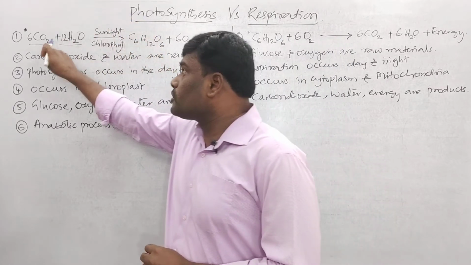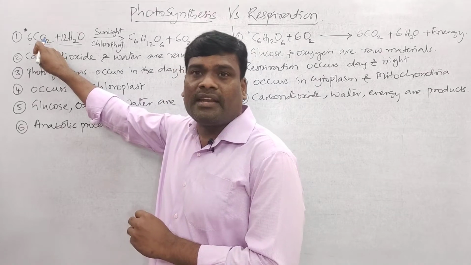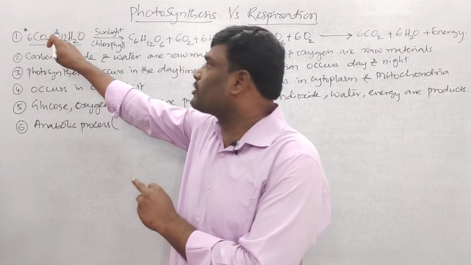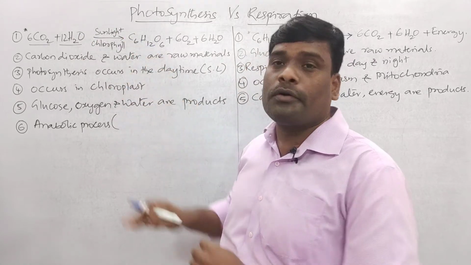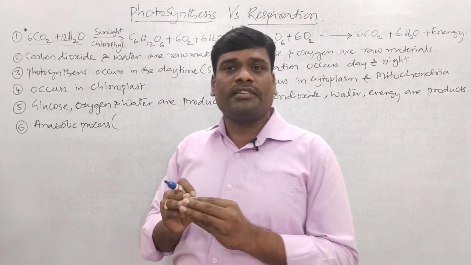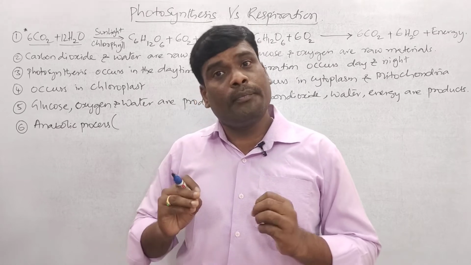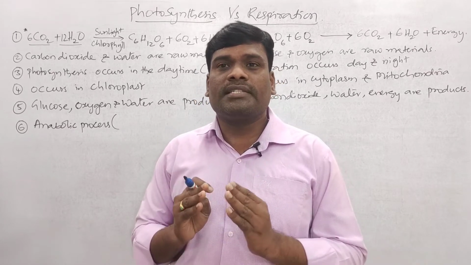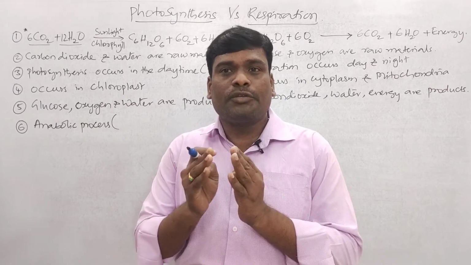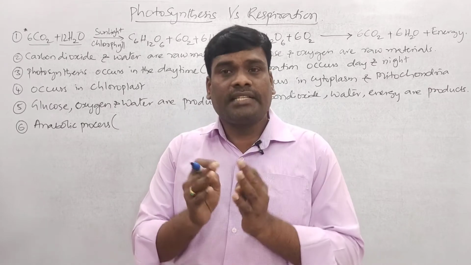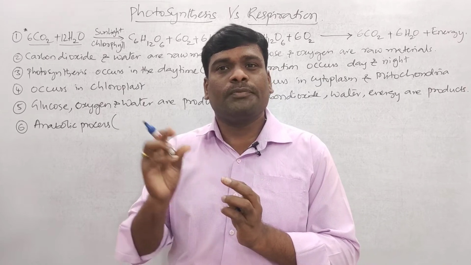Photosynthesis is an anabolic process, children, because this complex molecule, that is glucose, is formed because of the combination of what, children? These raw materials. Because of simple substances, carbon dioxide and water, we get a complex molecule, that is glucose here. So such process we call it as anabolic process. So anabolic process is nothing but construction of large molecules or synthesis of large molecules from the small molecules.